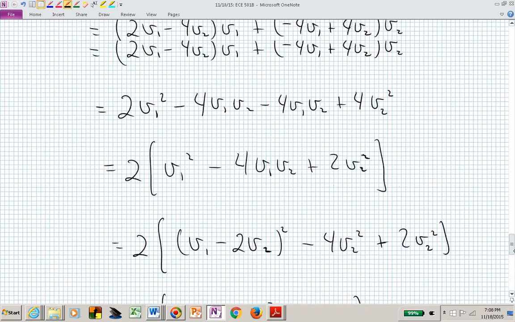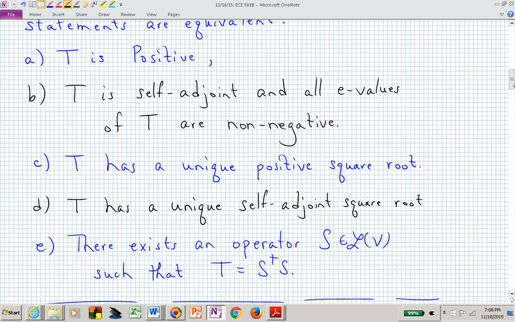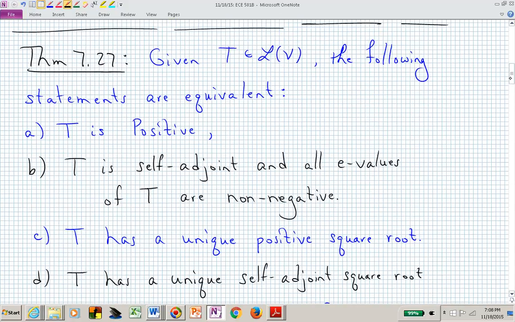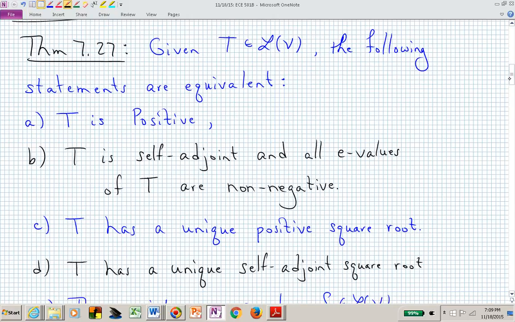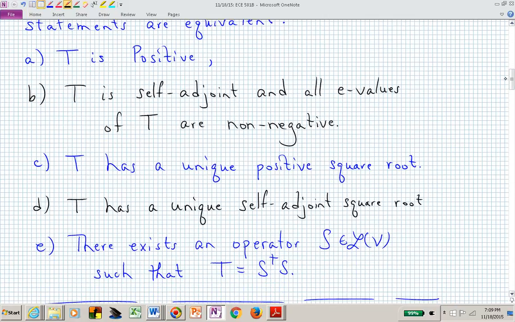So with that sort of insight or additional information, now that we have a little bit better feel for what a matrix might have to look like if it's positive, let's go back to this theorem 727, and now for these linear operators T, if it's positive, that means it's also equivalent to these other four statements.